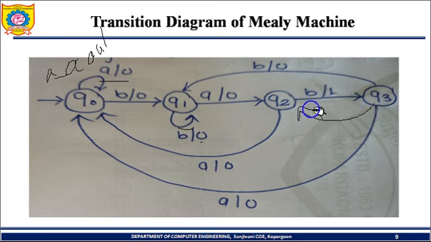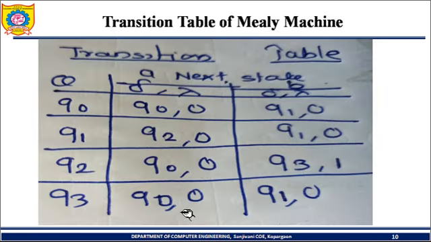Sorry, it should be here actually. Here BAB is possible, so it will generate the output for a string ending with BAB. So it should be like this, BAB. And in the transition table defined here, for Q3 after accepting A, it will stay in the Q2 state. This modification you need to do.